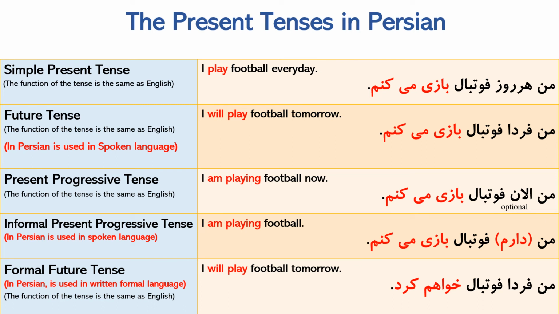I'm just going to give you a brief introduction about them. As I said in the previous slide, tenses in Persian are not as distinct as in English, and usually the context and time adverbs give out clues as to what tense we are referring to. For example, here, the simple present tense, I play football every day.